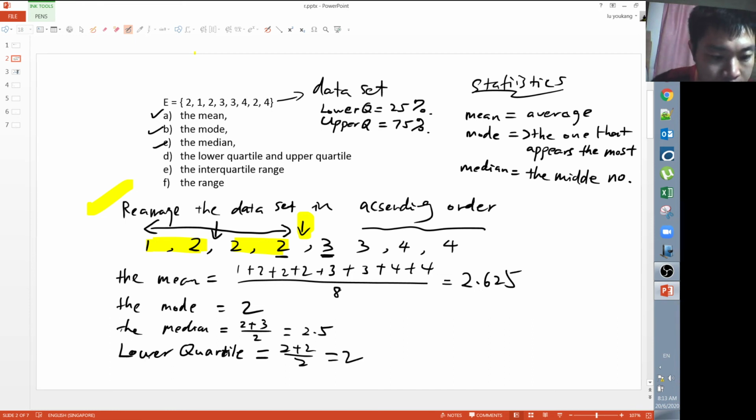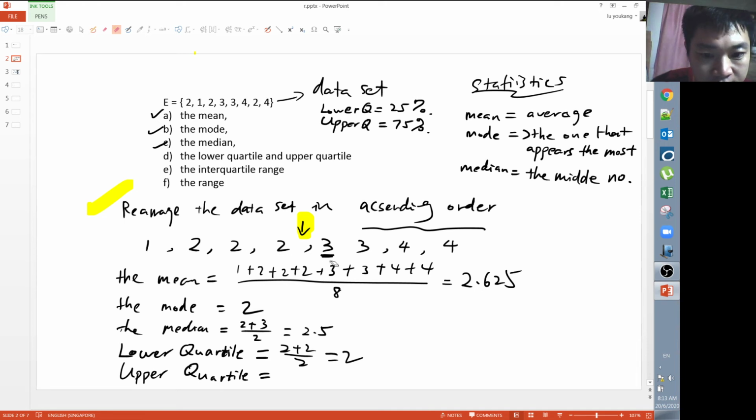Alright, so let's move on to find the upper quartile. Instead of looking at the left hand side, you should be looking at the right hand side, which is everything here, and then identify the middle.